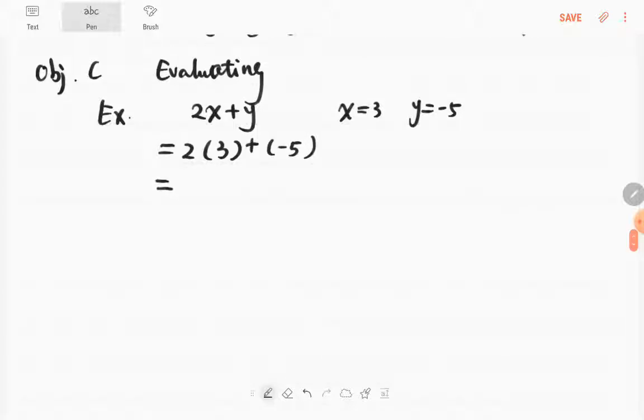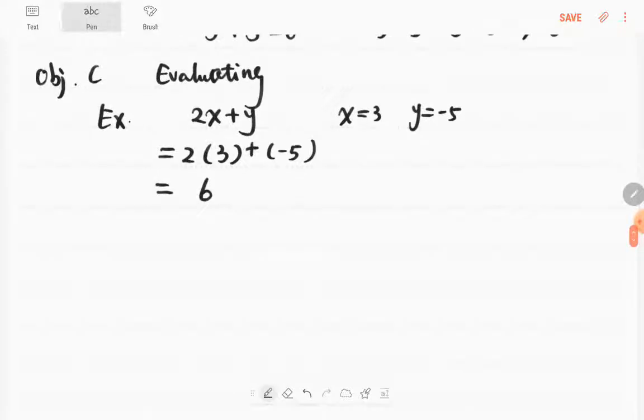After that, we can do 2 times 3, because we need to do the multiplication first, right? We get 6 plus negative 5. Then we follow the rule to do the addition. Which one has the greater absolute value? Obviously, it's 6.